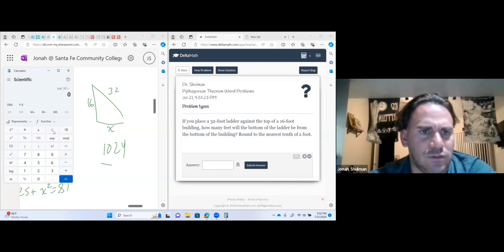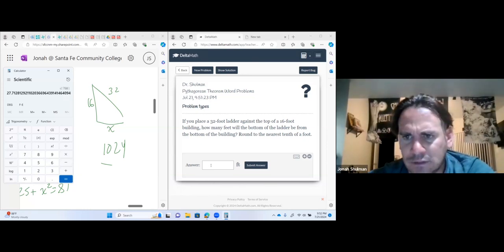Oh, I hit square root instead of squared. So 1024 minus 16 squared. So we just need the square root of 768. To the nearest tenth of a foot is 27.7.